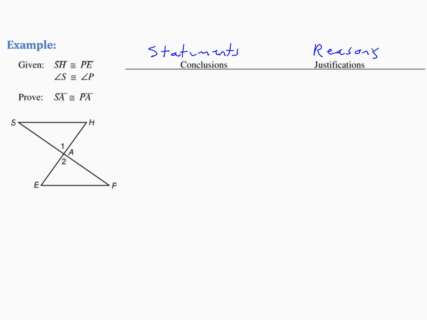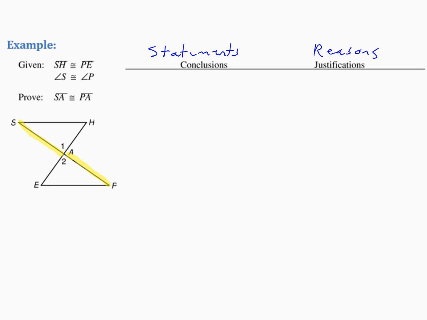We want to prove that SA, this segment, is congruent to PA. There's a P that got cut off a little bit. They're not proven yet. I'm just putting it there, so that's our goal.